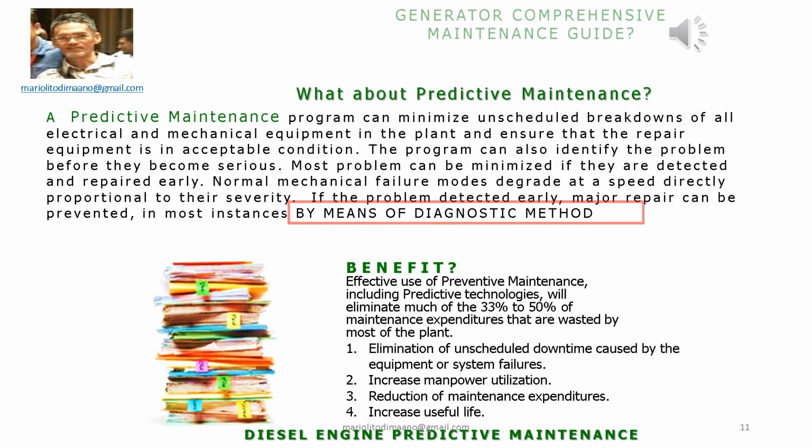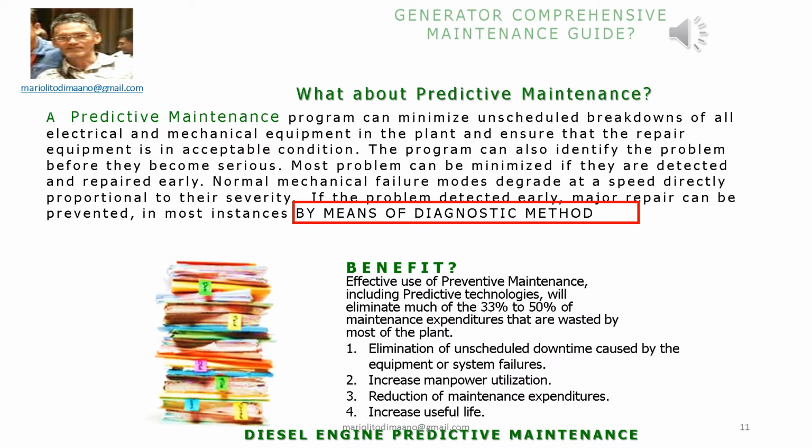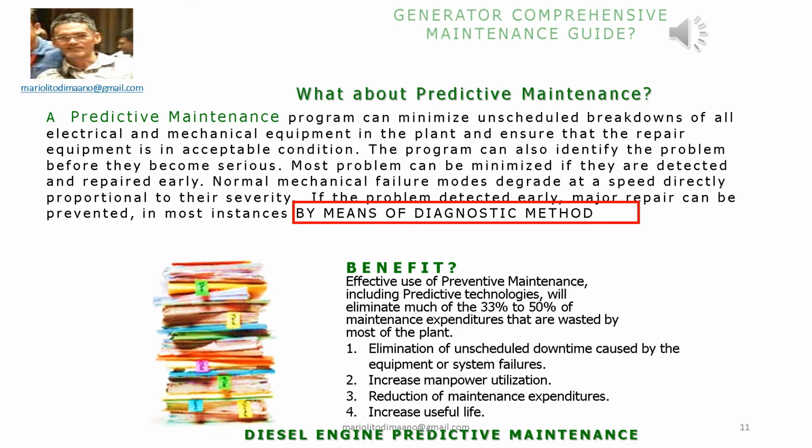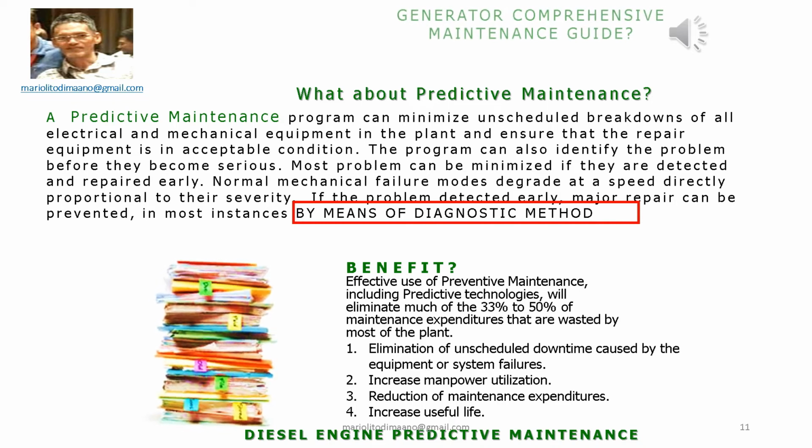Generator Comprehensive Maintenance Guide. A predictive maintenance program can minimize unscheduled breakdowns of all electrical and mechanical equipment in the plant and ensure that repaired equipment is in acceptable condition. The program can also identify problems before they become serious.